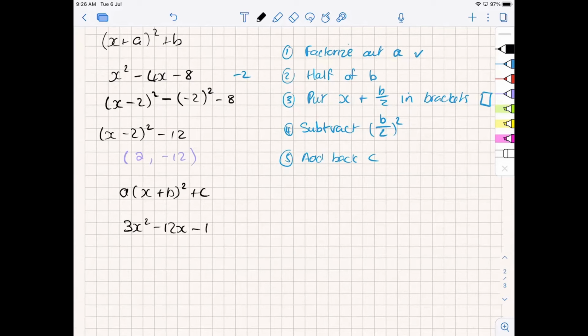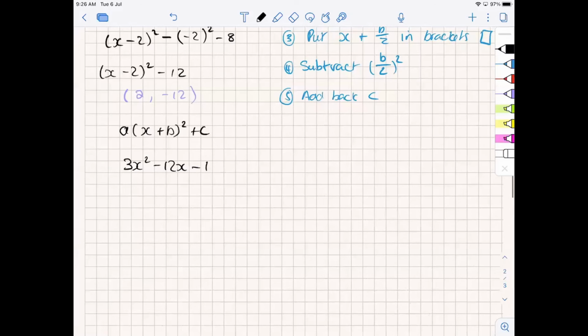All right, go and give that a go for a second. I'm going to write the steps out while you give that a go at home. So we're going to factorize out a. We're going to think what's half of b.